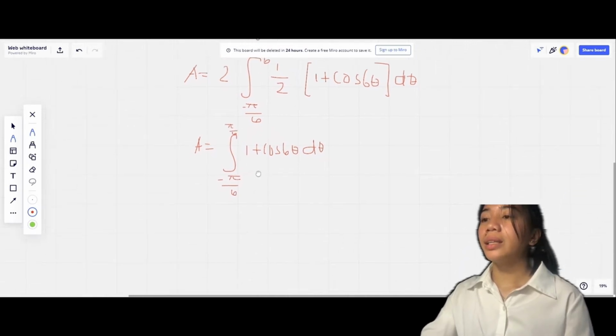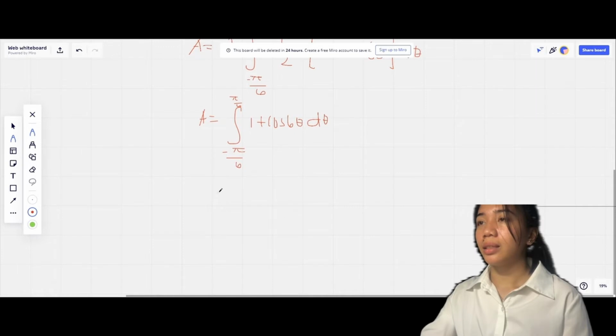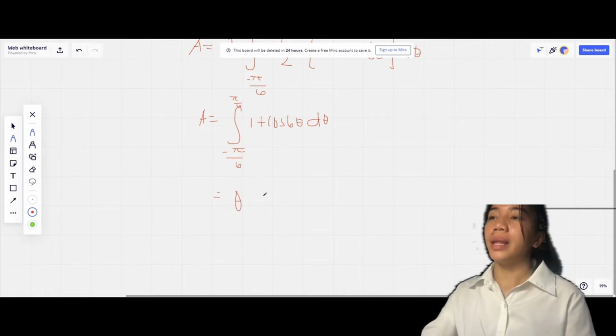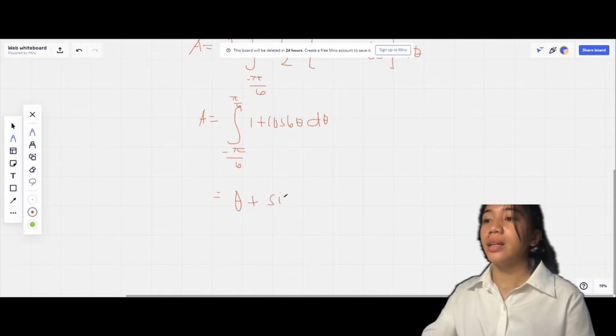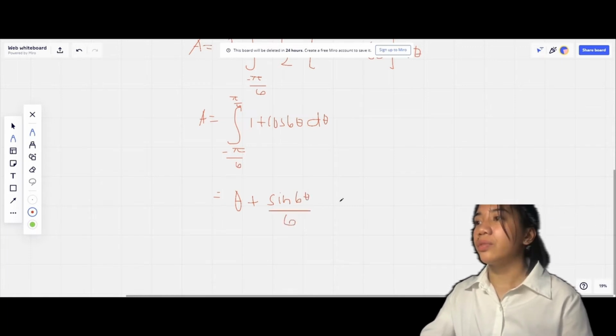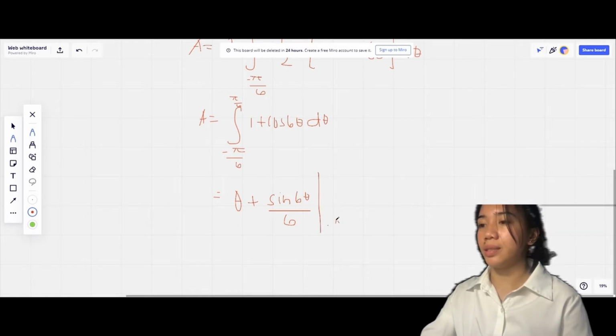Now, the antiderivative of constant 1 is theta plus the antiderivative of cosine 6 theta, which is sine 6 theta over 6, evaluated from negative pi over 6 to pi over 6.